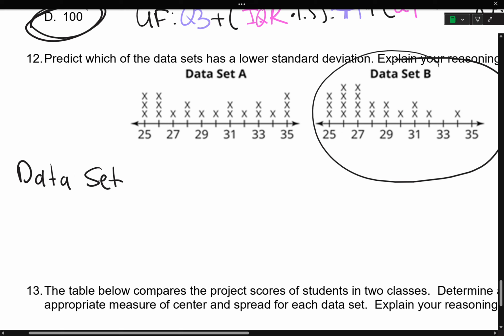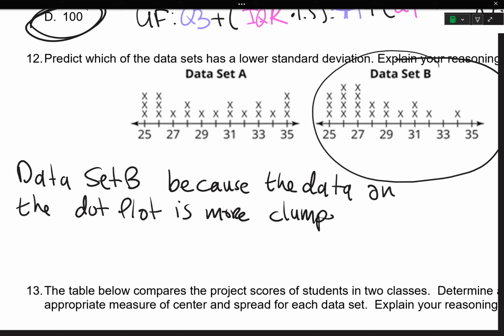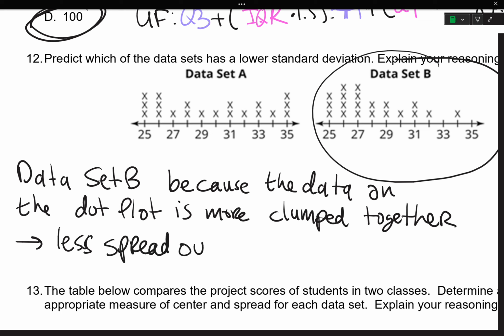Data set B, because the data on the dot plot, I can read my handwriting, on the dot plot is more clumped together, aka less spread out than data set A.